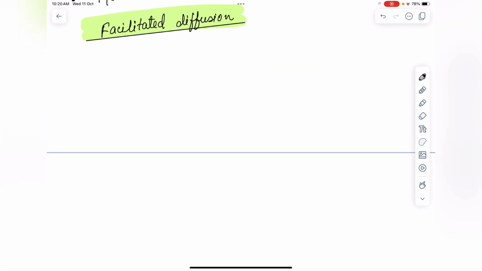Facilitated diffusion. What is that? It is a different type of diffusion, facilitated. For this, different channels are provided through which the transportation of materials takes place.